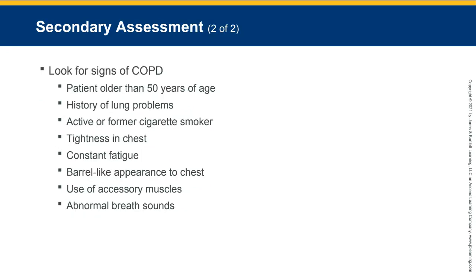Now, remember, when we're doing vital signs in our secondary, it cannot be that this is your first initial checks. So when you're doing vital signs in your secondary assessment, it is to compare to your primary assessment findings, whether or not you have given treatment.